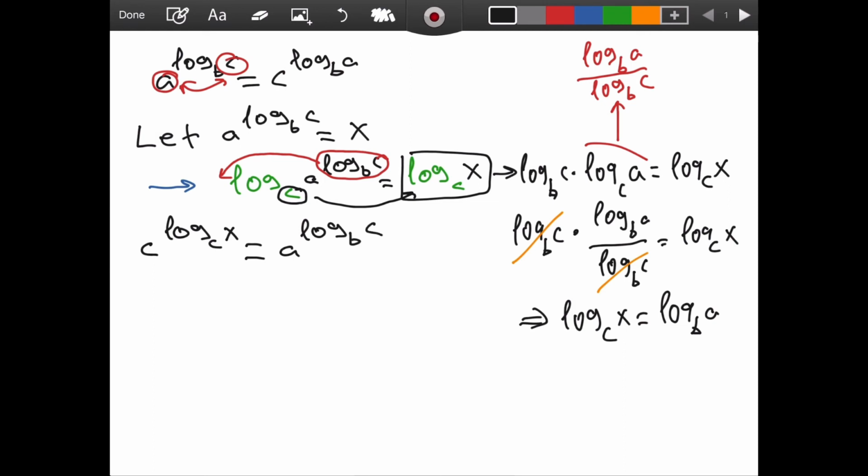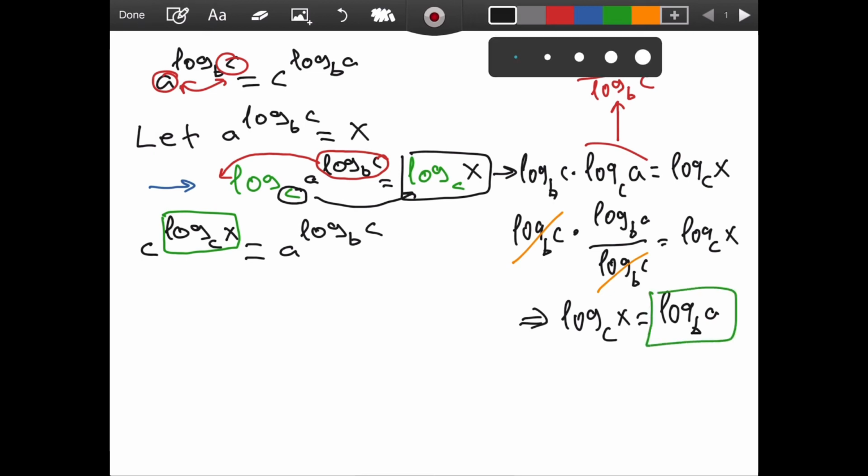The great thing here is, instead of writing log base c of x, instead of this quantity, we can write log base b of a, because we have just shown that they are equal.